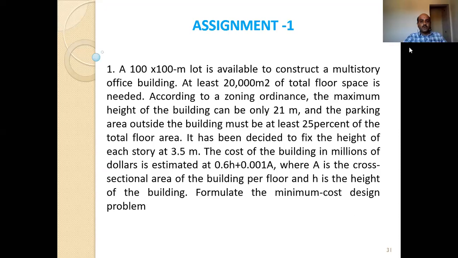According to the zoning ordinance, the maximum height of the building can only be 21 meters, and the parking area outside the building must be at least 25% of the total floor area.